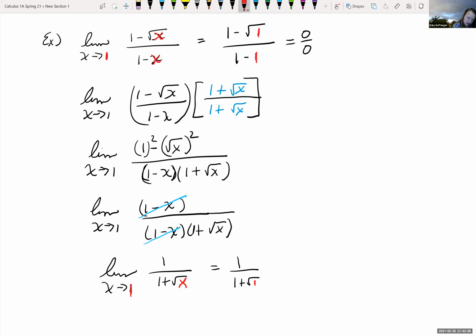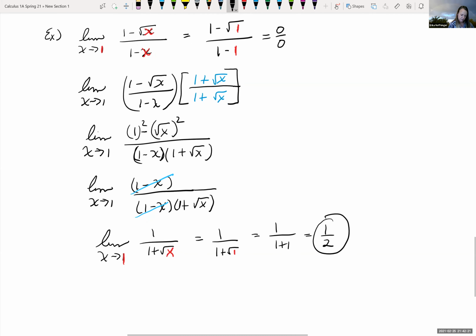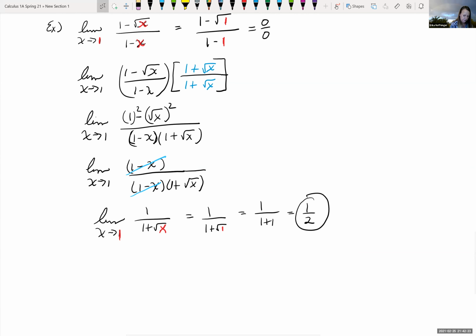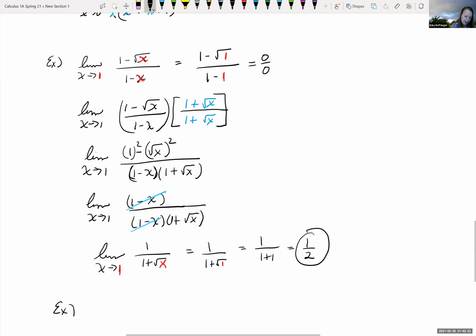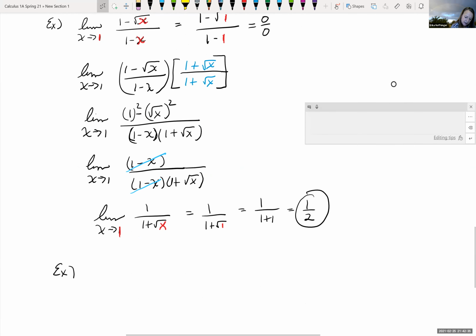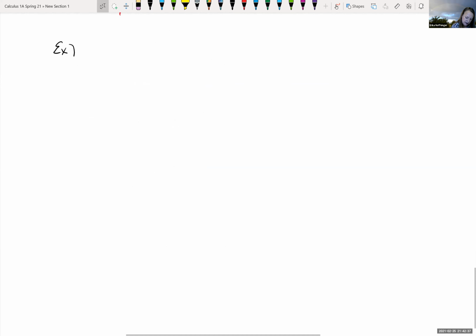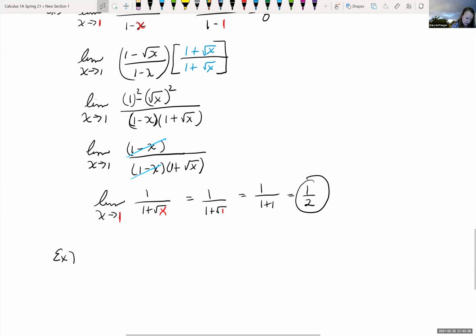Well, the square root of 1 is 1, and so we get 1 all over 1 plus 1, or 1 half. Okay, and this is probably more like it because this one is defined where that last one was not defined. But here, this is actually a removable discontinuity.